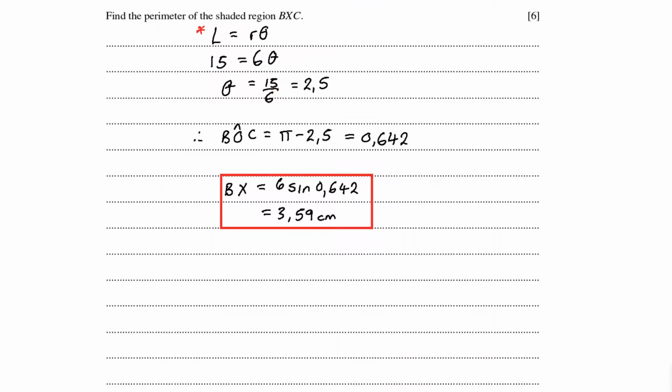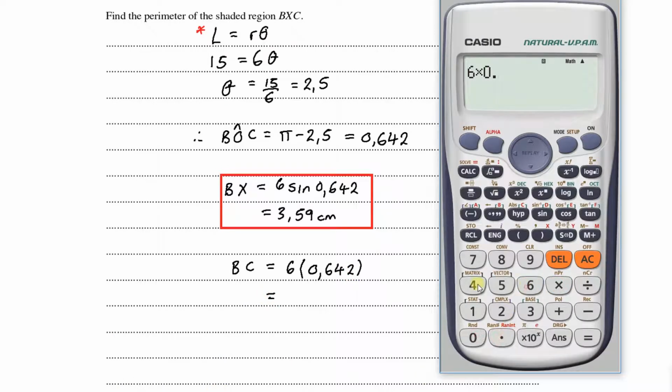So we are saying the length of the arc BC should be r theta. R is 6 and theta is 0.642. And if we multiply the two, we get 3.852.